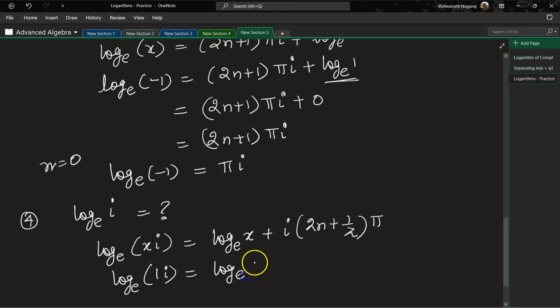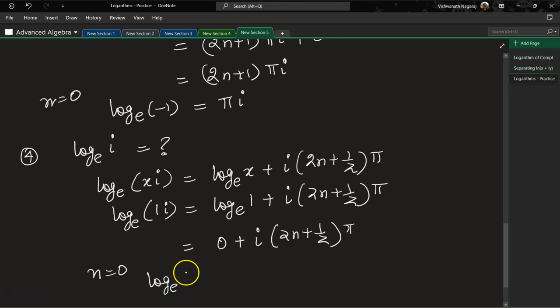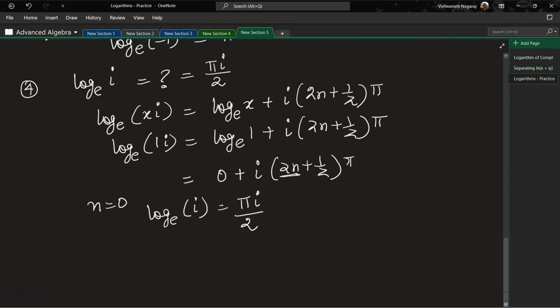So here this will become log e of 1 plus I times 2n plus half pi, and log of 1 is 0, and when n equal to 0, log e of I would be equal to, this will disappear, we are left with pi I by 2. So this is equal to pi I by 2. Okay, interesting.